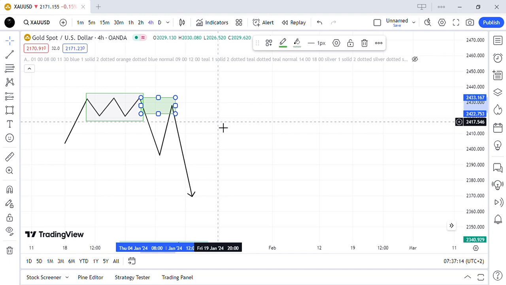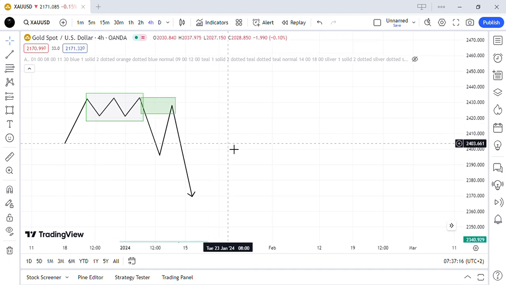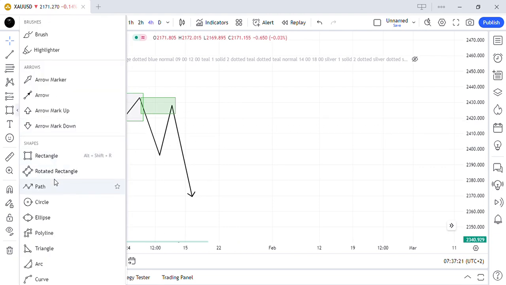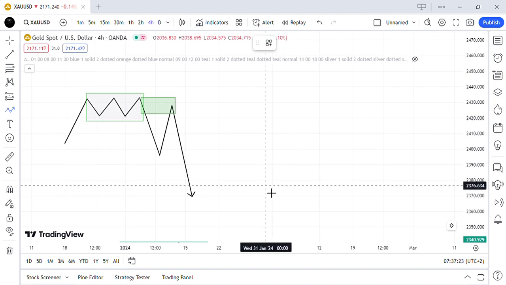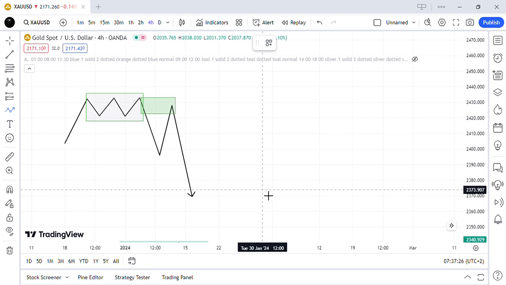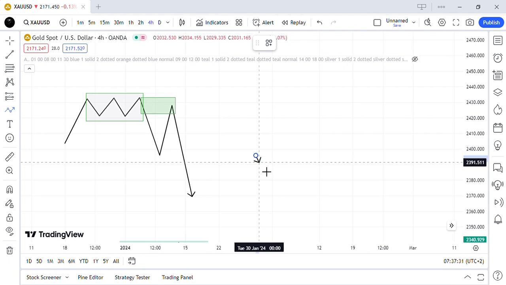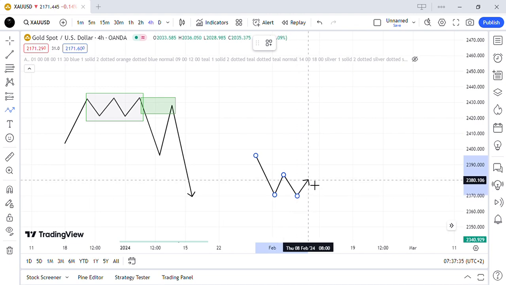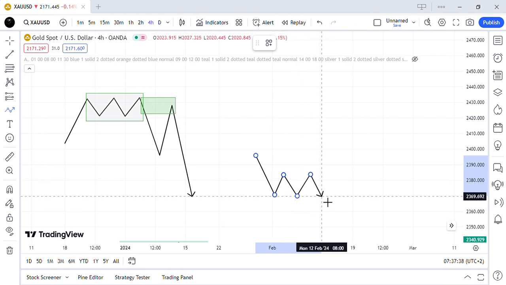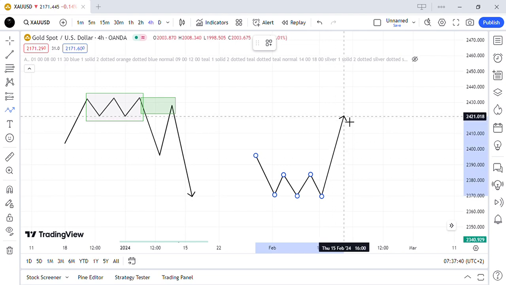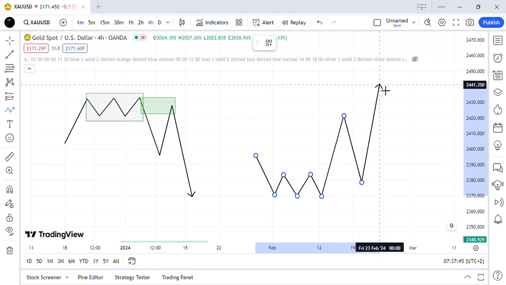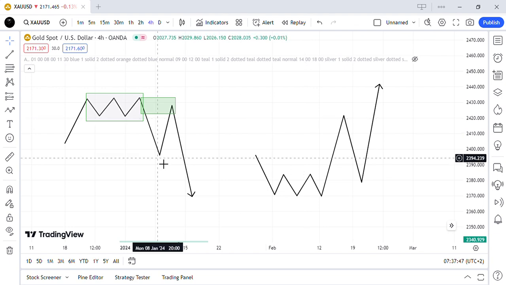These are reversals. You see? It's a reversal structure. Let's say it's a bullish trend, and then something like this happens. What do we see here?